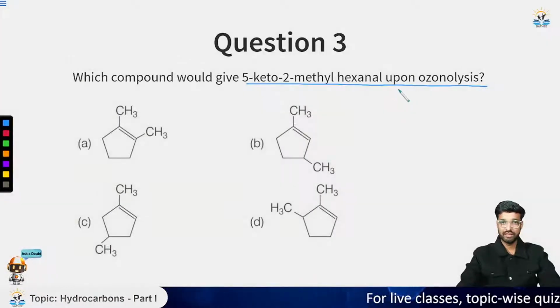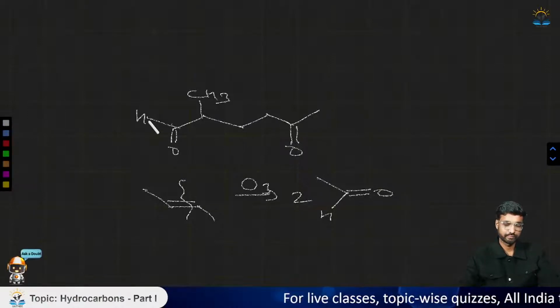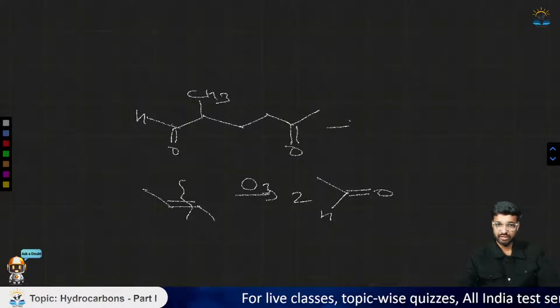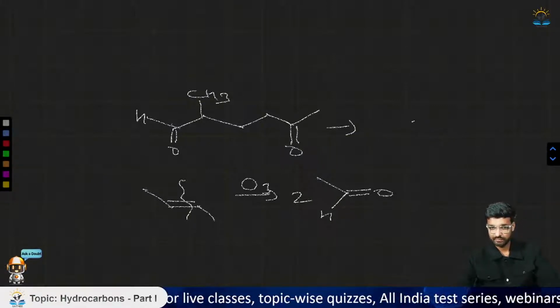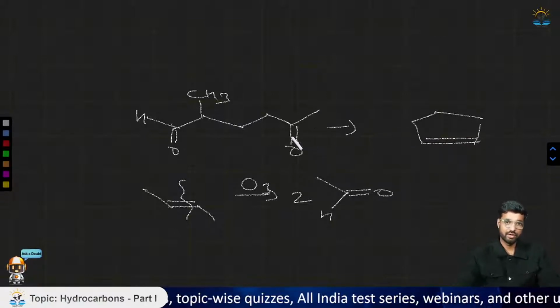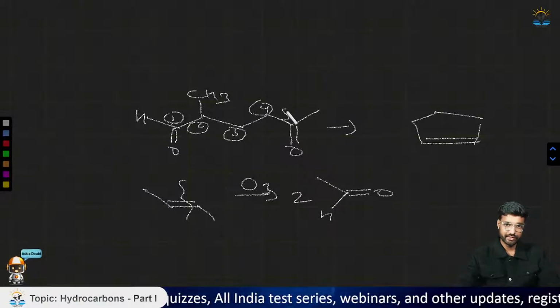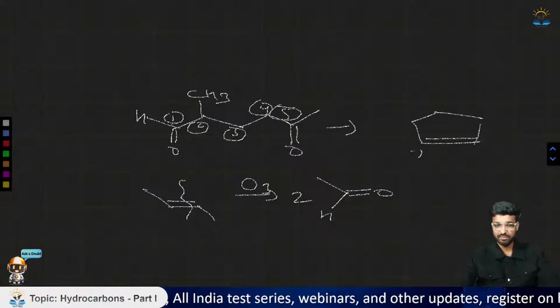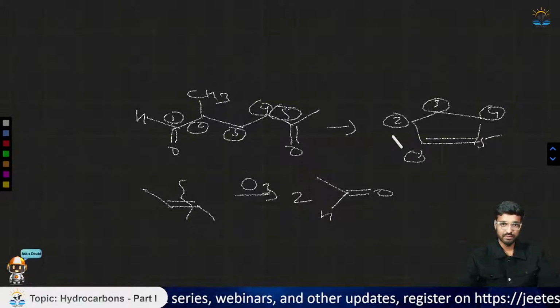Okay, and it is hexanal, so first is the OH. Now if you do the reverse reaction here, that means it is added on this side. So we have a double bond here. If we number it 1 2 3 4 5, so 1 and 5 are attached to the double bond. 2, 3, 4, 5.